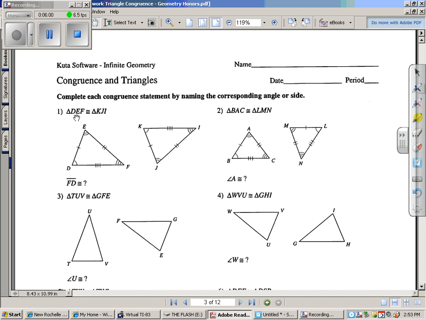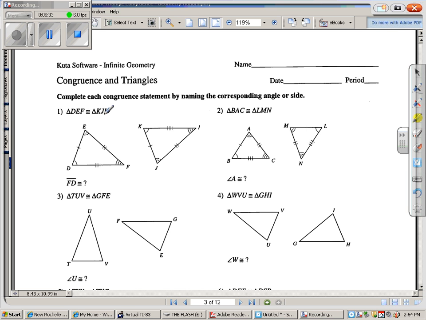When you claim that two triangles are congruent, when you write them down, D has to be the angle that matches with K. E has to be the angle that matches with J. F has to be the angle that matches with I. And do you see how they label them with these little markers? That's how you also have to label your triangles. So now you can tell which line segments are equal to each other.